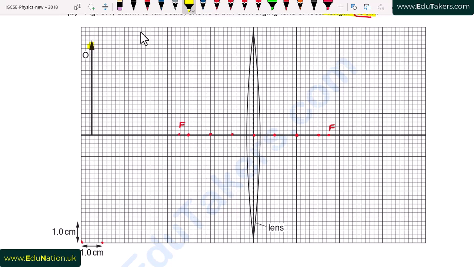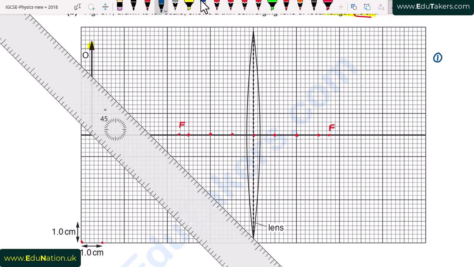So first of all there are three rays. One ray is parallel to the optical axis, and after refraction by this lens it passes through the focus point. Now I am going to draw this ray. So first of all I use a ruler.